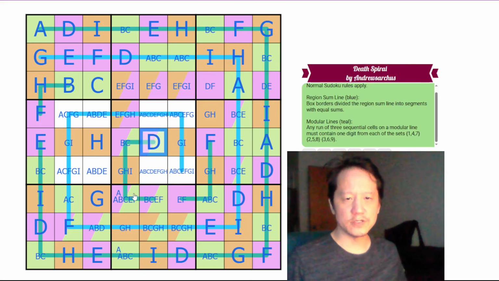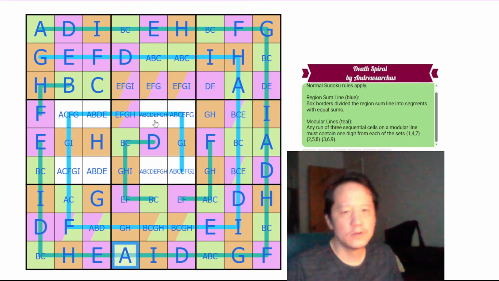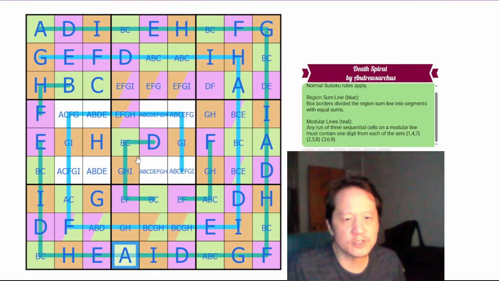So this is D, which means this cannot be A. So this is E or F, and this is B or C with B or C. So no green, no pink, no green, no pink. Therefore, this would be A. So that's potentially possible.